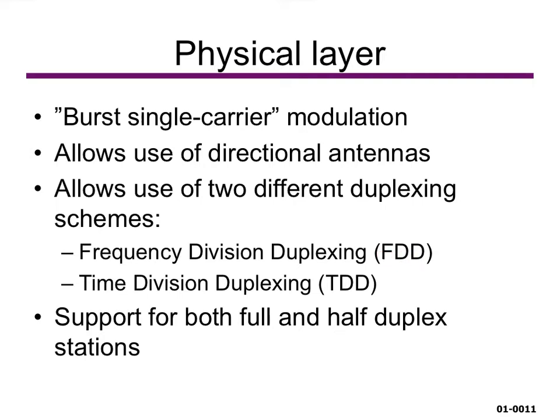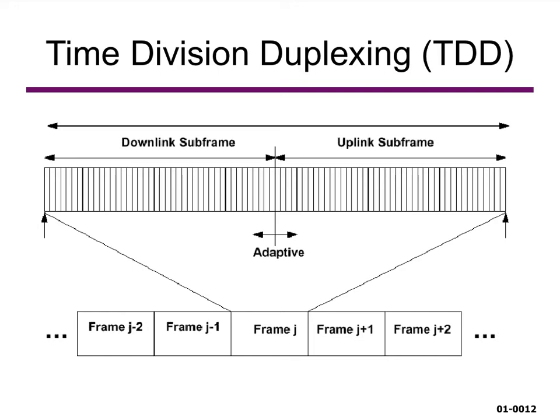Whereas for FDD, you have two frames that concurrently go in time together, and one is used for transmission and the other for reception, and that's what we call full duplex or half duplex. For the case of TDD, it's half duplex, so we send and then on another time slot we receive. Versus FDD facilitates full duplex, where we send and receive at the same time.